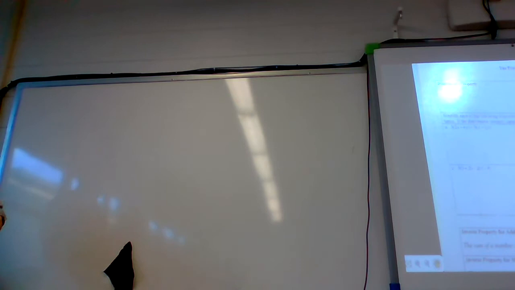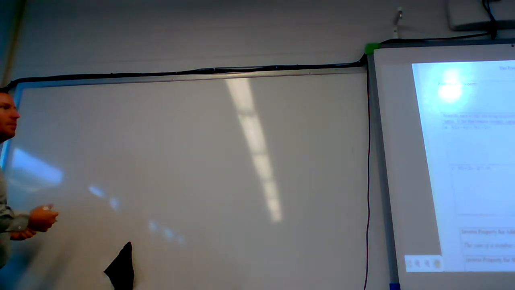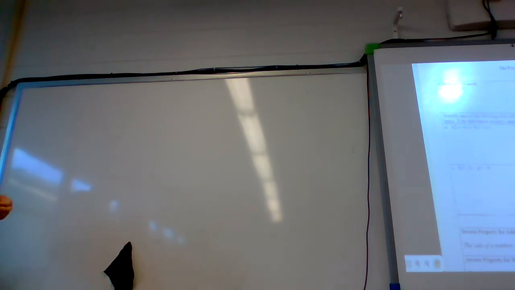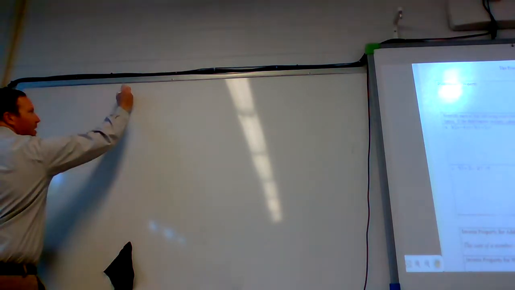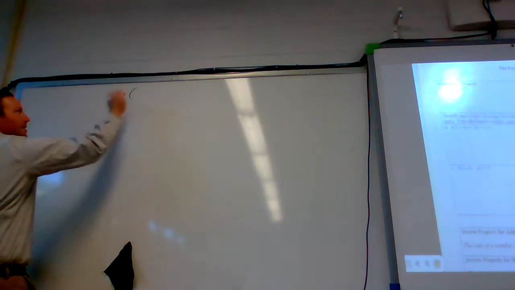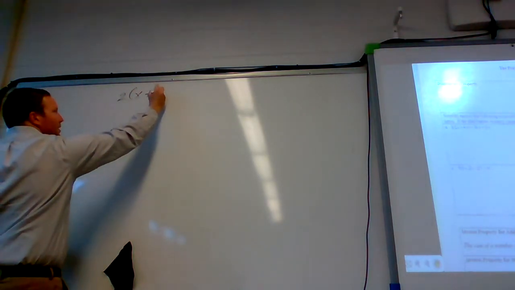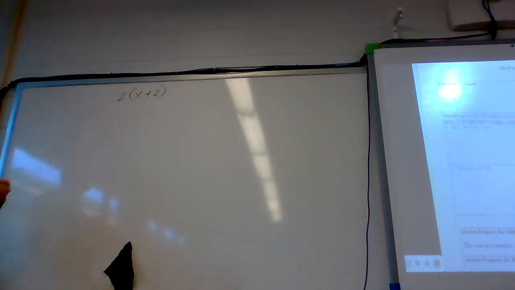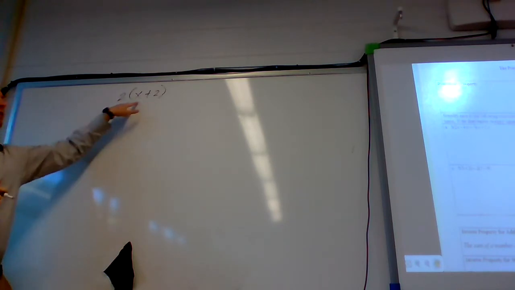So our distributive property. First, let's look at what it looks like. If we had a number outside and a variable plus some other number, this is how we would signify the distributive property.